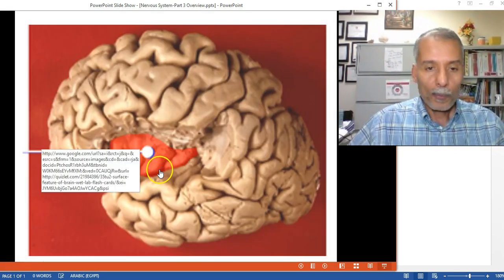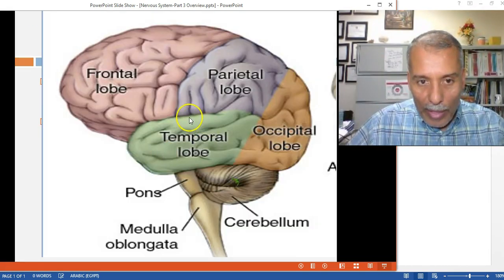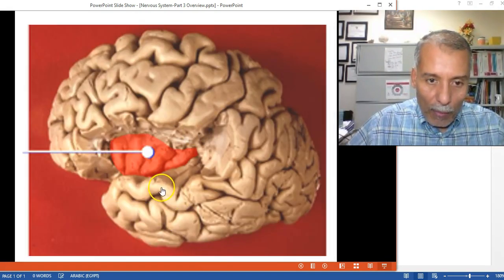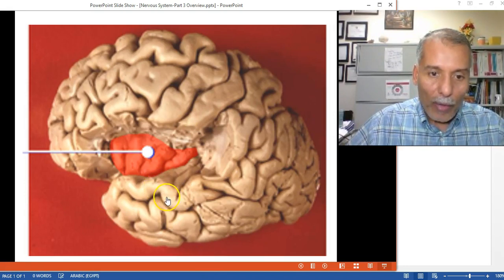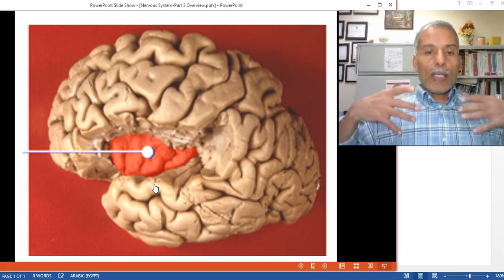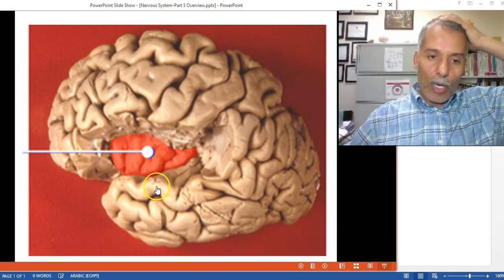Let me show you. So here in this map, in this area here particularly, you have area 41, 42. Here's area 41 and area 42. Now if you look, imagine me as a gyrus. My head, let's say, is area 41.